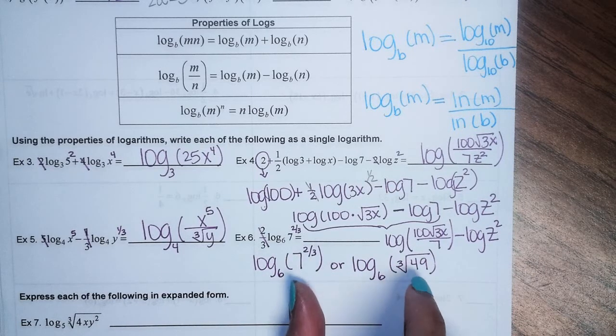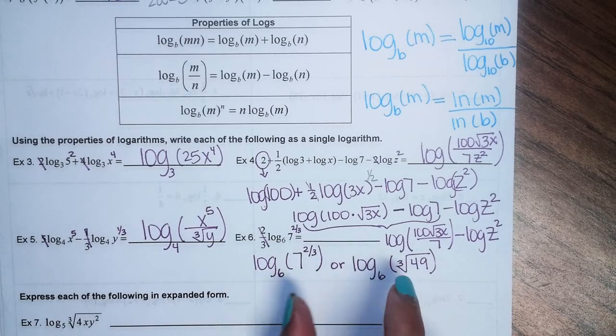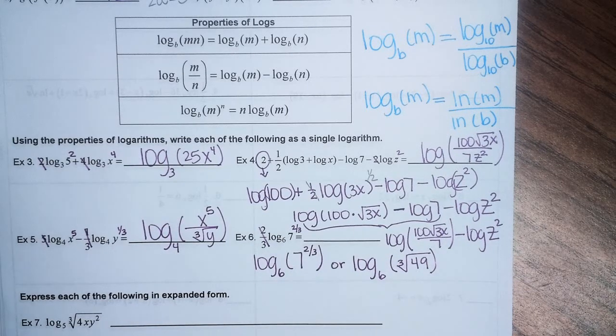So just make sure you know that those are equivalent, because you'll see some true and false questions on your test. They're equivalent. And that's how you combine logs into one single log. I'll pause for questions.